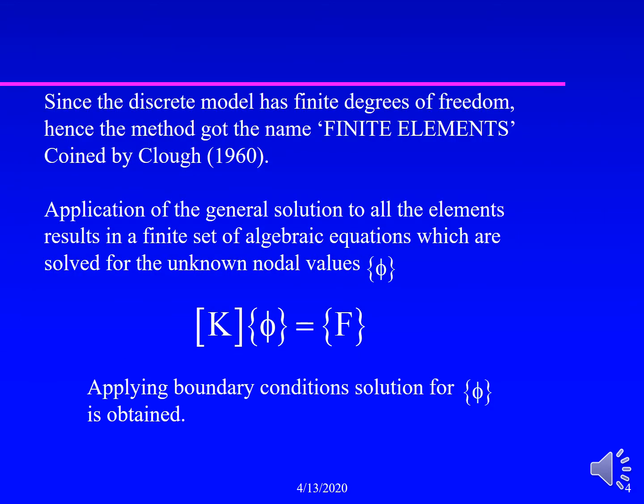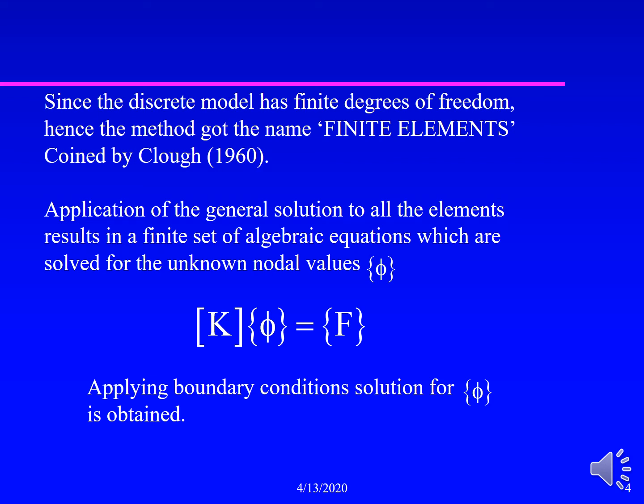The discrete model has finite degrees of freedom, hence the method got the name finite elements, coined by Clough in 1960. Application of the general solution to all the elements results in a finite set of algebraic equations which are solved for the unknown nodal values phi.